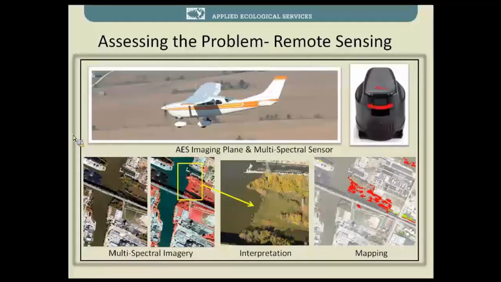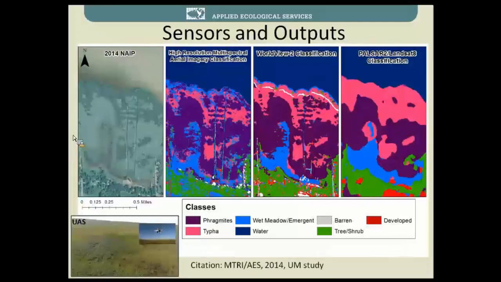So we chose a camera that allowed us to get in, fly low and slow, and really get good precision over mapping of Phragmites and some of the other invasive species that we're working with.